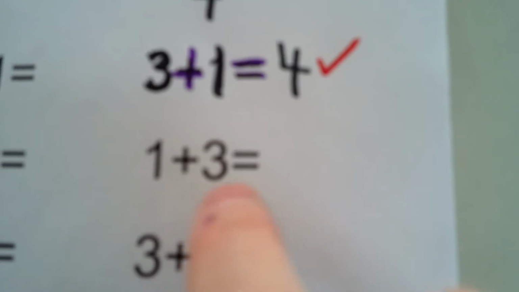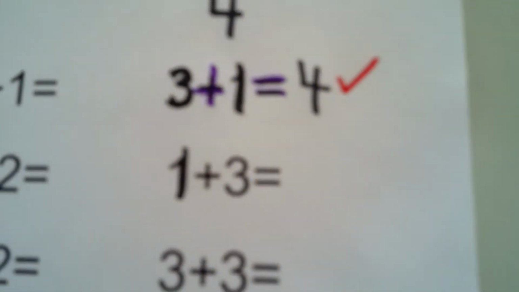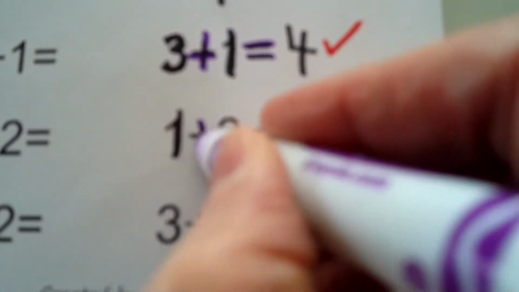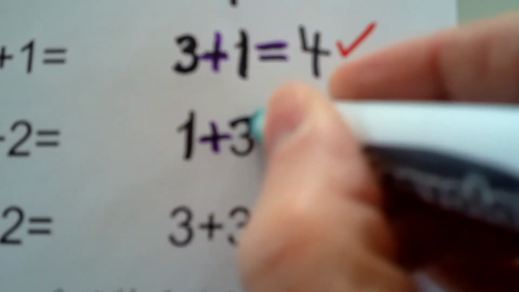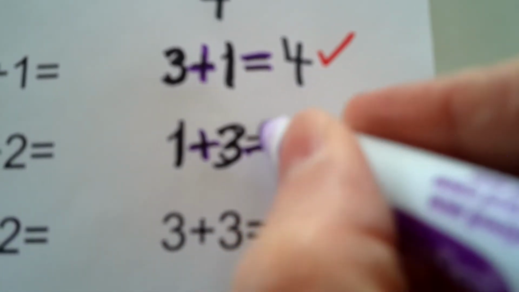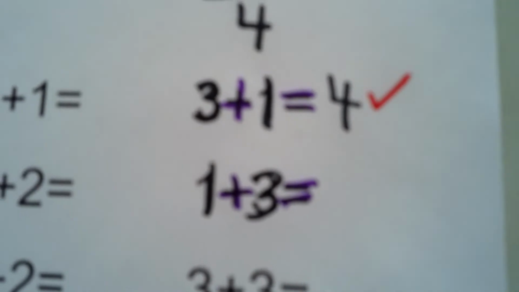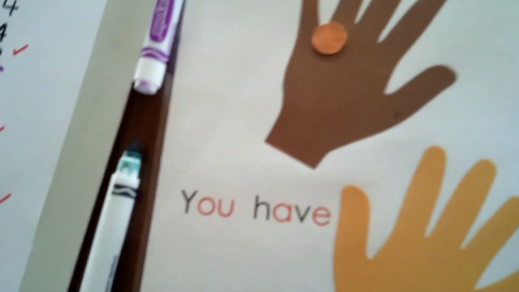Let's check the next one. 1 plus 3 equals. Trace our numerals. 1 plus 3 equals. I'm putting my pennies in place, and hopefully you're doing the same thing too. 1 penny at the top.